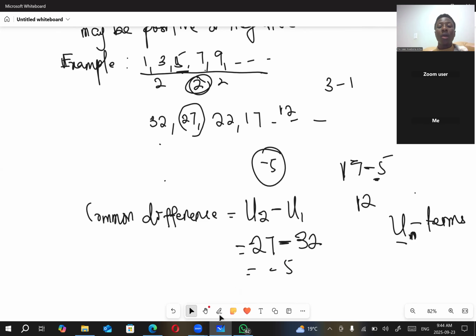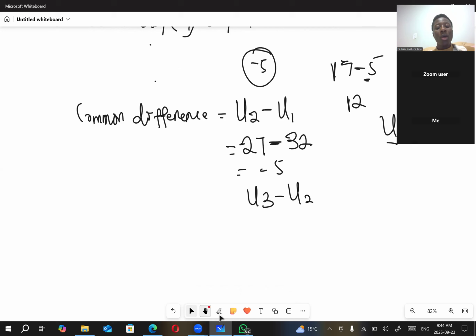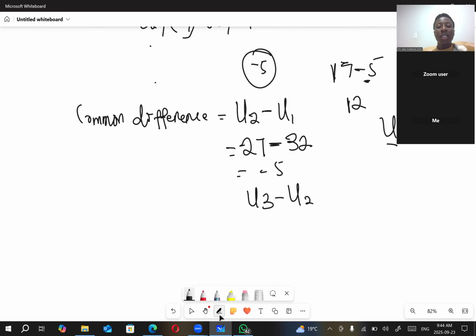Now, to find the common difference, it's either you do second term minus first, or the third term minus second, which is U3 minus U2. It's all about a term minus its preceding term, or U4 minus U3, or U5 minus what? U4.